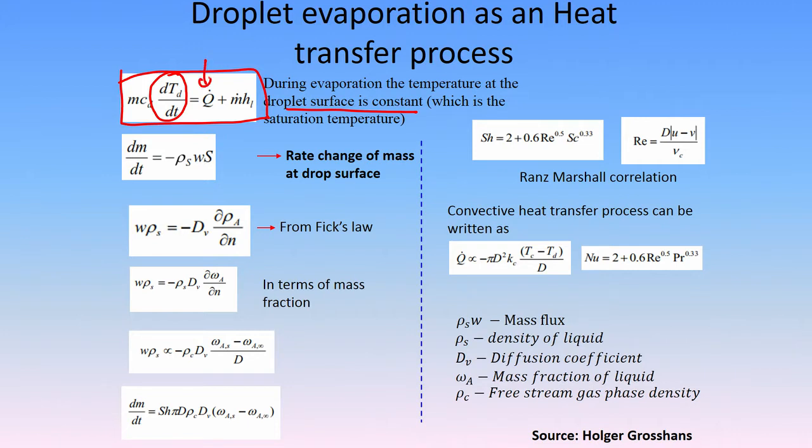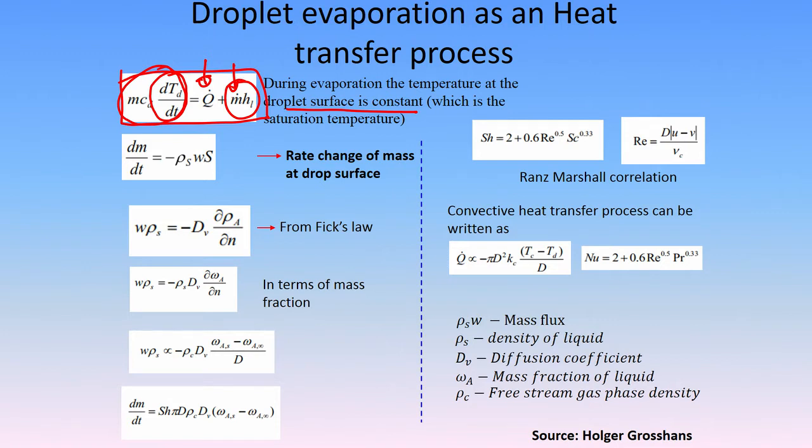So, whatever heat is being supplied, this Q dot, is either going towards the latent heat or towards the sensible enthalpy, correct. So, latent heat means that it is going towards the evaporation. So, this m dot is the mass that is getting evaporated, and HL that you see is the latent heat of vaporization.